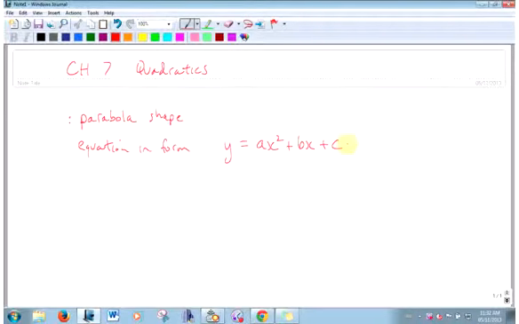I don't care what the coefficients a, b, and c are, as long as this is our one restriction. Because what happens if a is 0? I don't have an x squared term.